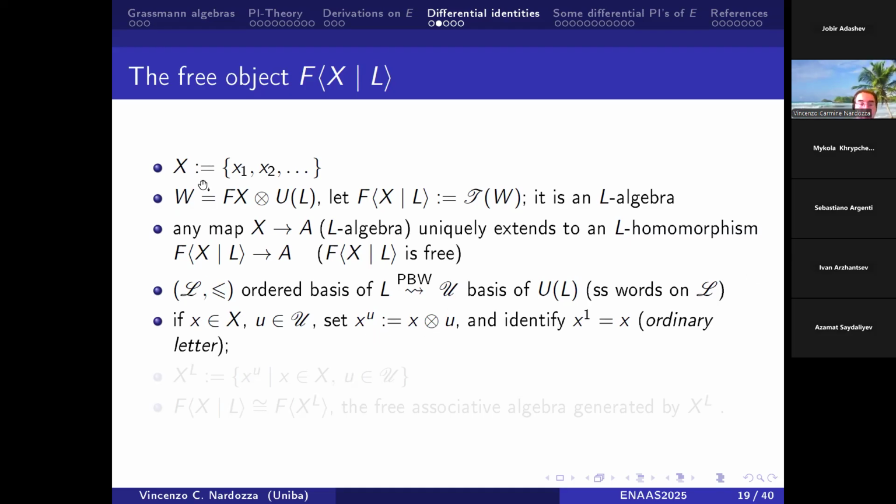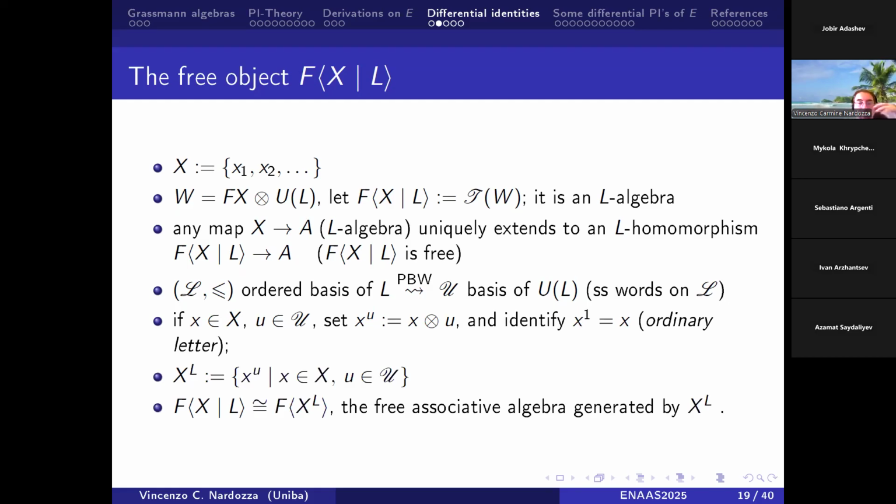Take an element, a free variable X, and an element U in this basis, and instead of writing X tensor U, write directly X sub U, X under the action of the element U, products of derivations. We identify X under 1 as X, and these are the so-called ordinary letters.